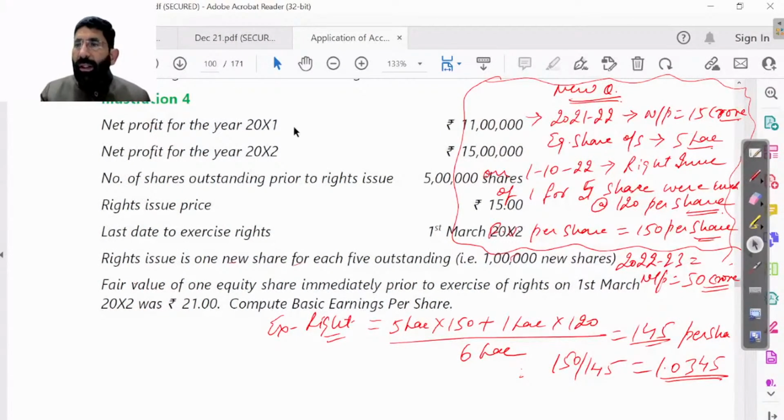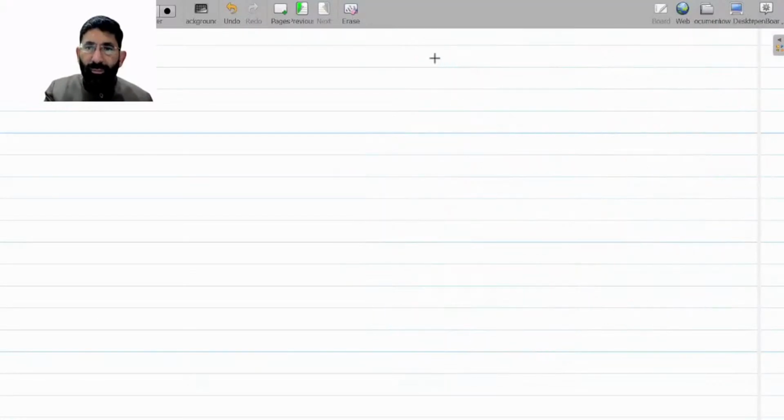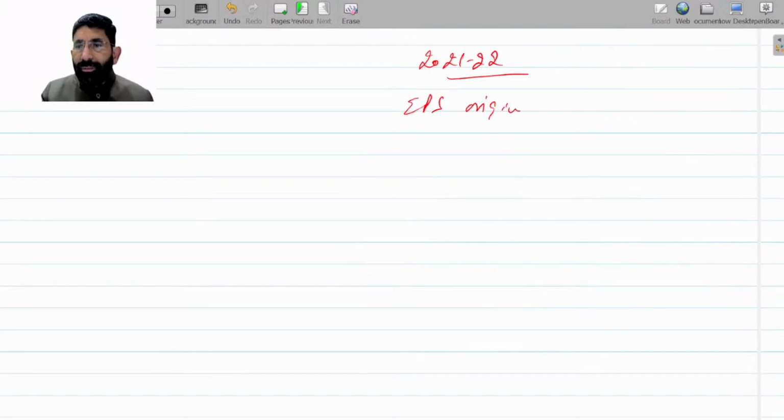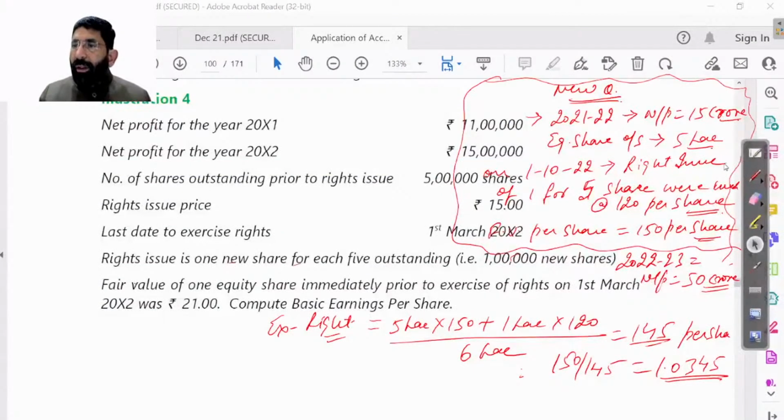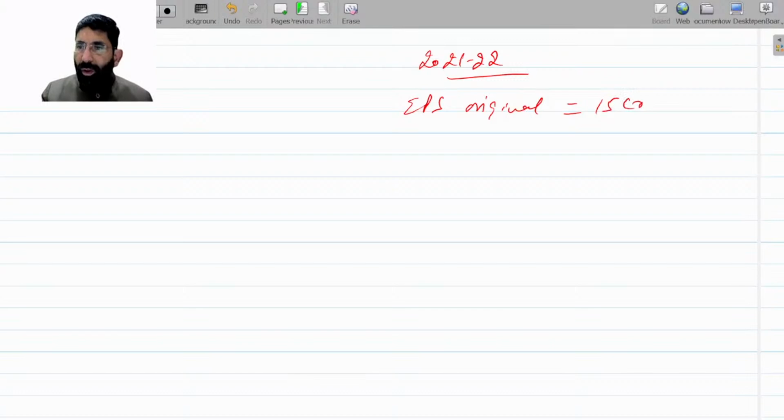Now we have to calculate the EPS of last year. So how is it to be done? (2021-22) EPS original was 15 crore divided by 5 lakh.